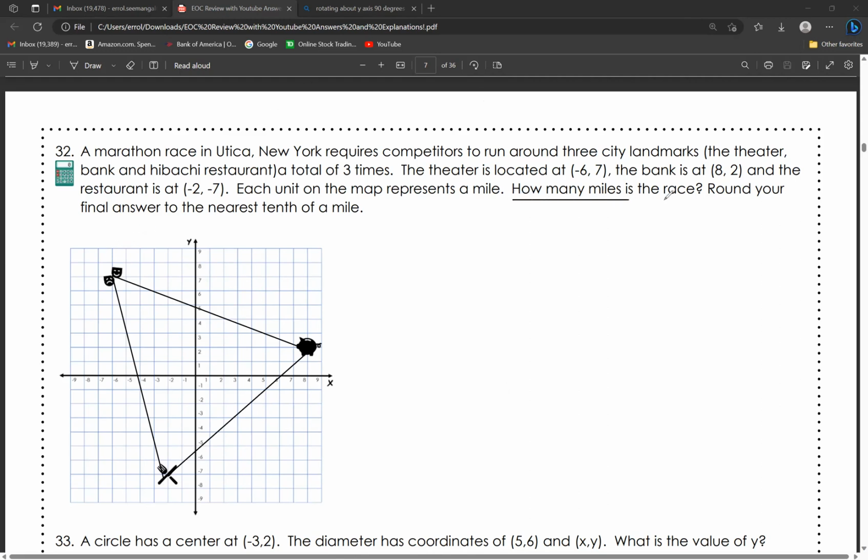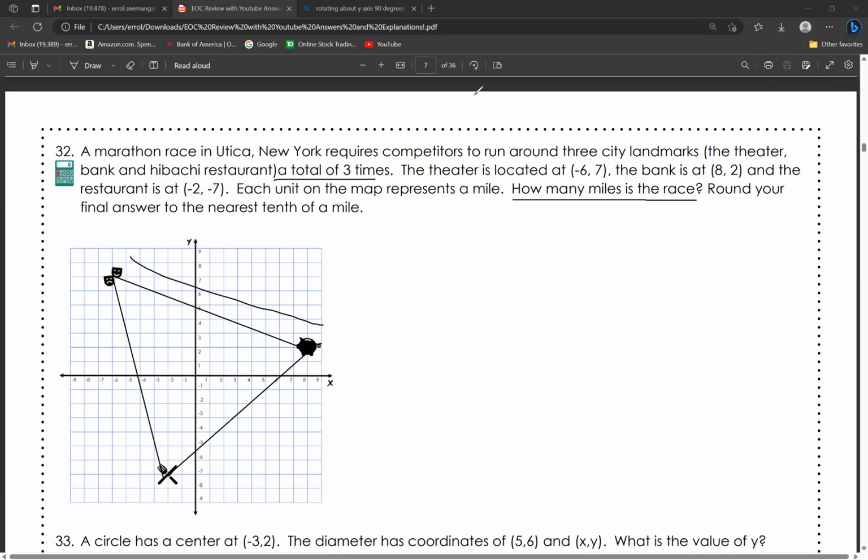Yeah, exactly. How many miles is the race? A marathon race requires competitors to run around 3 city landmarks, a total of 3 times. So basically get this distance, this distance, this distance, add them up, and then multiply by 3.